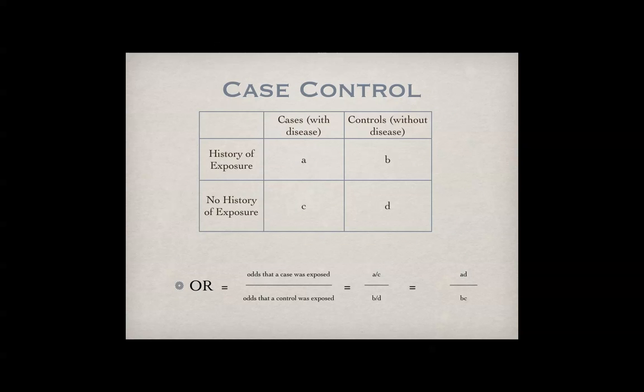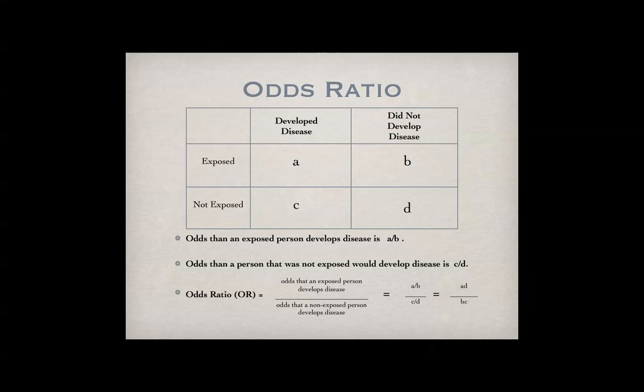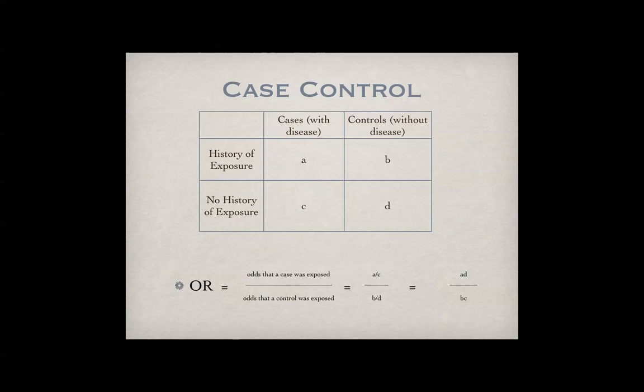And then, I'm sorry, there's another way to look at this. It depends how the information is given. Again, that last one was really for a straight cohort study, and then this would be a case control study. So it's just that the information they give you is a little bit different. In this case, you're looking at the odds that a person that has the disease was exposed to whatever that exposure of interest is, divided by the odds that a control was exposed.